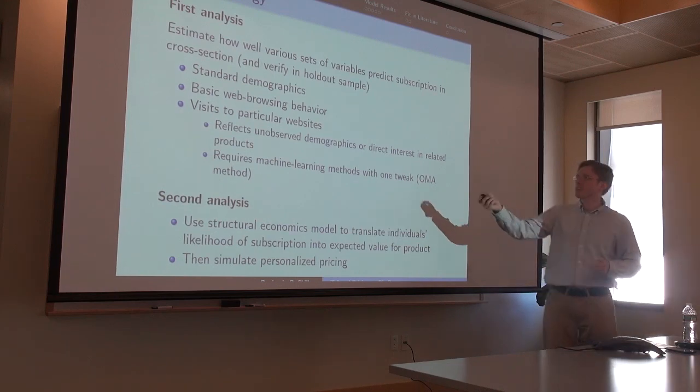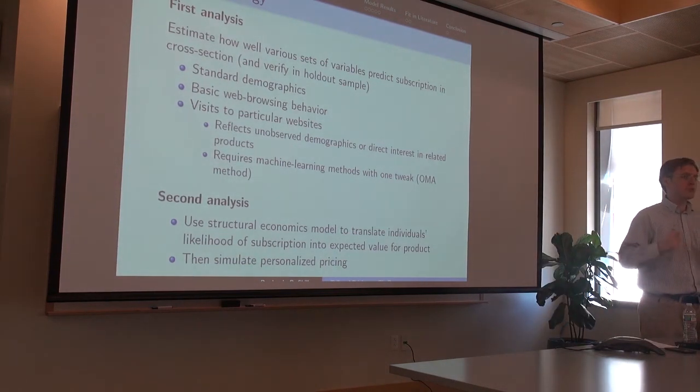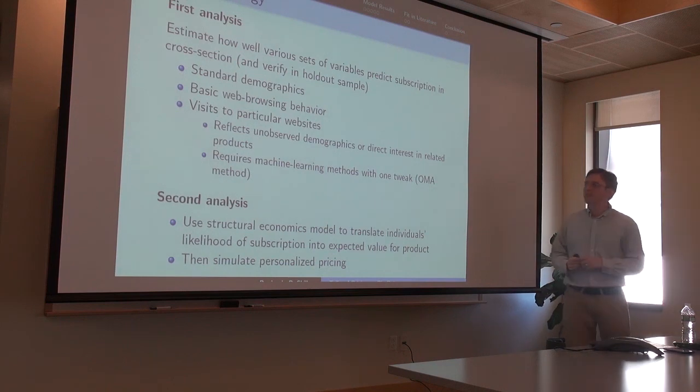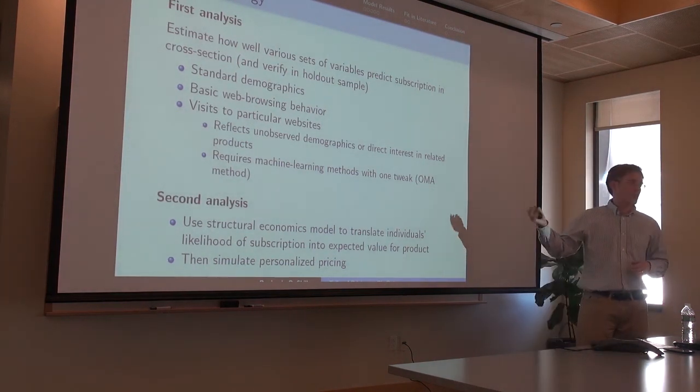First I'm going to look at standard demographics. Standard demographic variables are types of variables that presumably, when a person walked into a store, a salesman might have been able to glean from their appearance, their accent, other things that they might be able to notice in face-to-face transactions. And then I break the web browsing data into basic web browsing behavior.